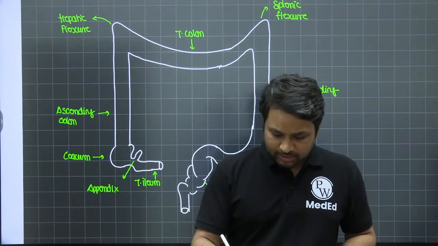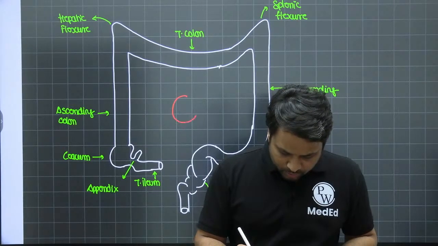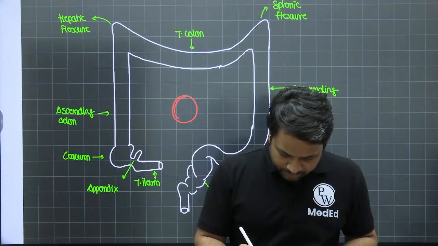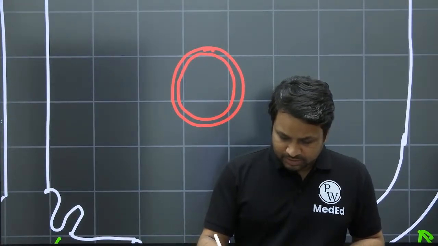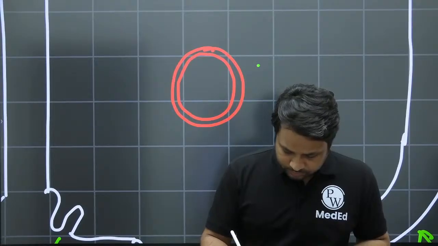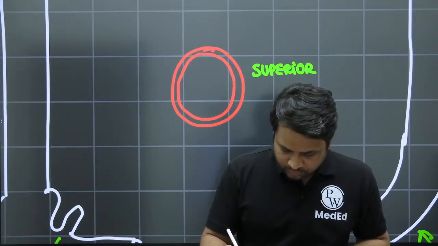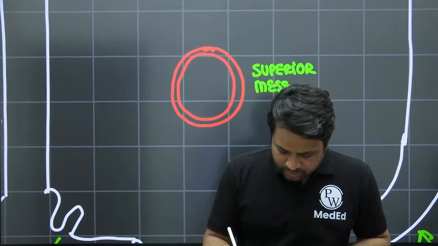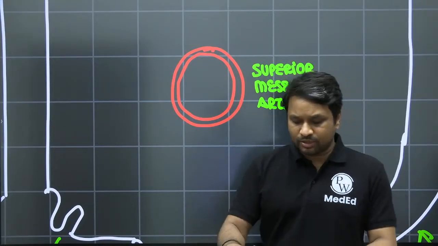Now, when you look at the blood supply, this blood vessel that we are addressing is your superior mesenteric artery. I'm going to talk about only the branches of the superior mesenteric artery.